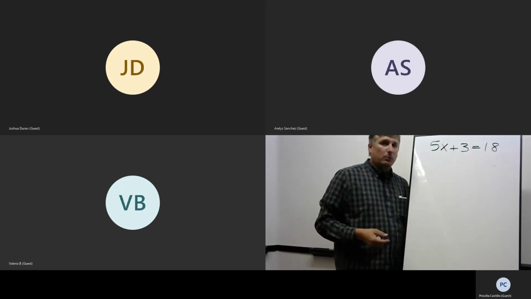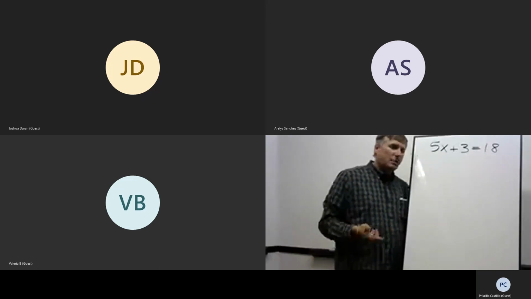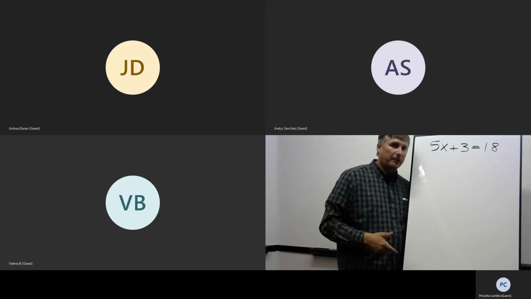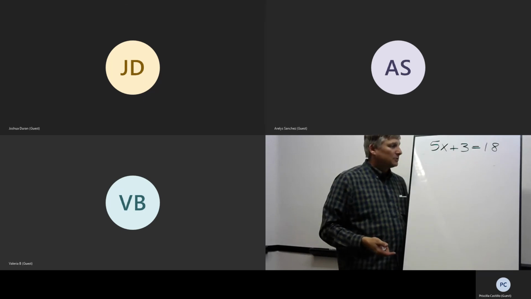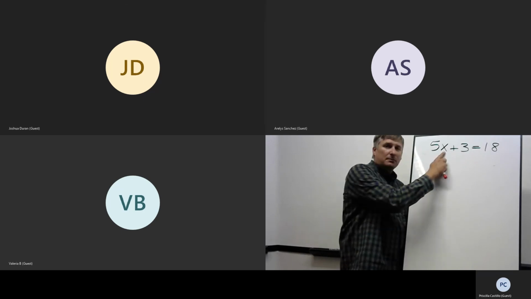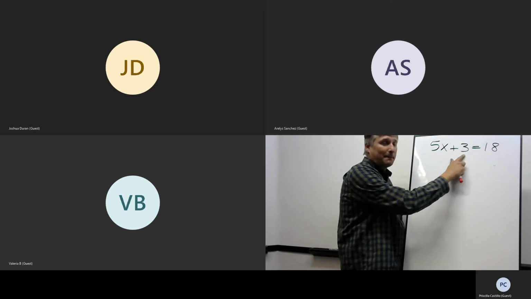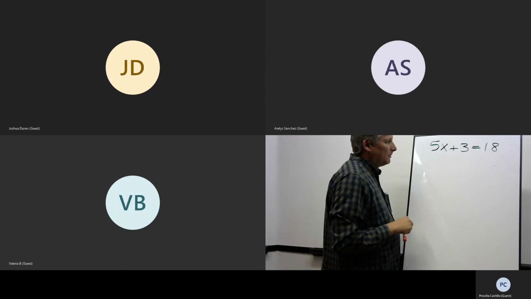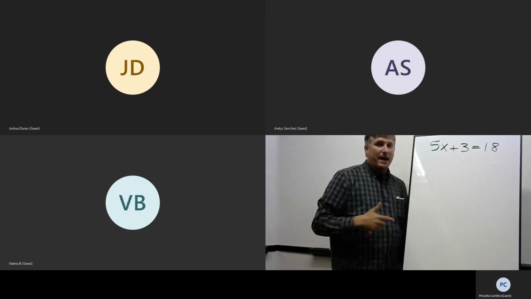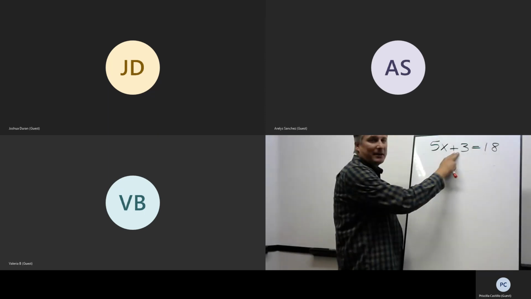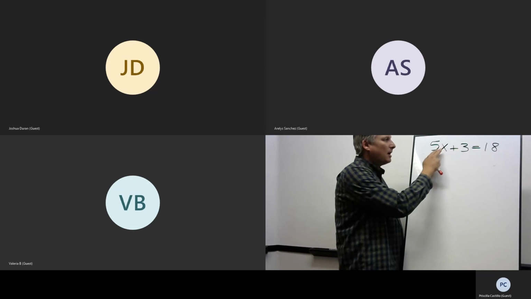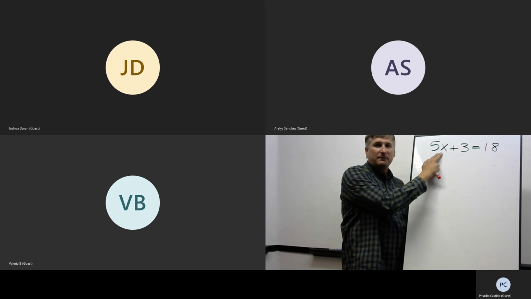So we want to go backwards. Now in PEMDAS, multiplication is before addition. So if we knew what x was, we would go 5 times that number, and then we would add 3. To undo that, we're going to do the opposite of adding 3, and then the opposite of multiplying by 5.